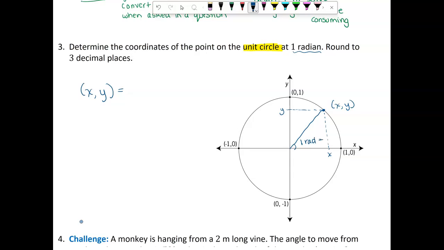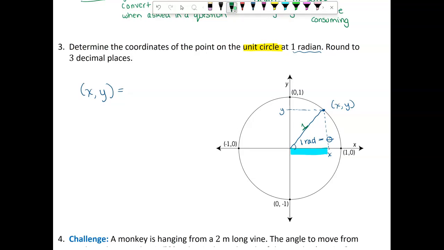So we can think about it as an angle, and still use the theta symbol. To figure out the x value, this side length here is the adjacent side if we know the angle. And this is a unit circle, so we know that the radius is 1.